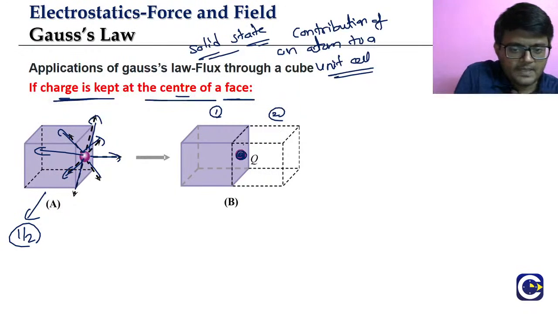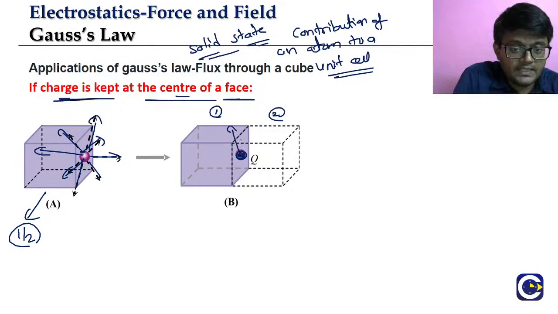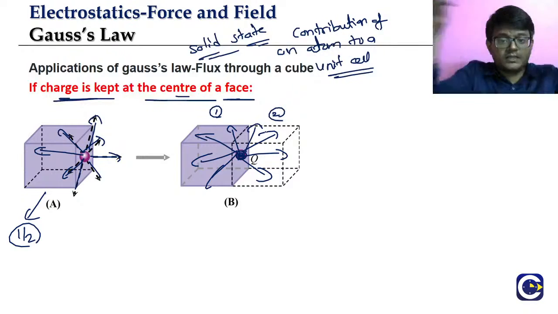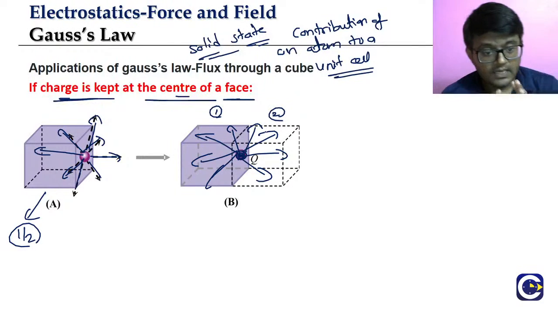The enclosed surface is not one cube, it is the position of the two cubes together. The field lines from it will go through all over, and now the enclosed surface is the total surface of the two cubes.